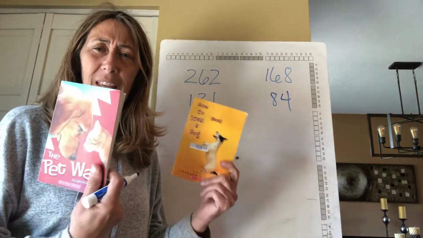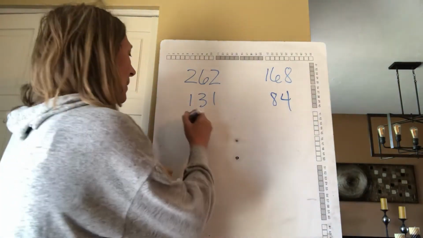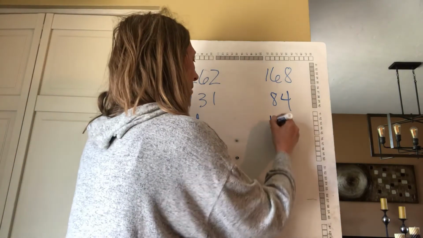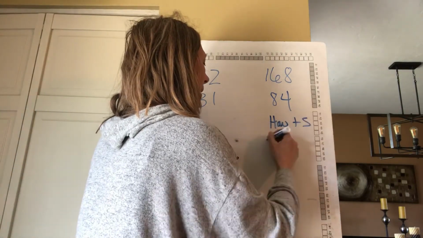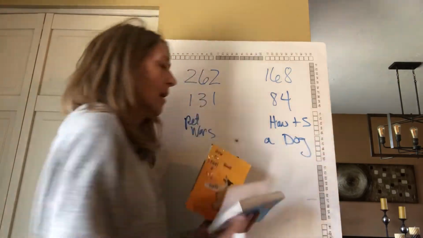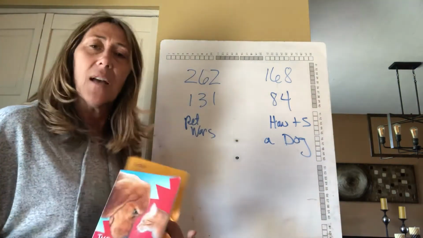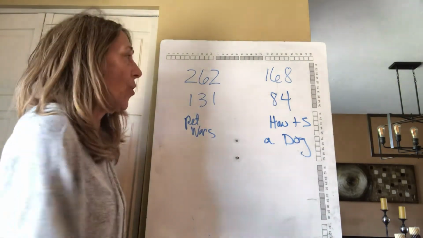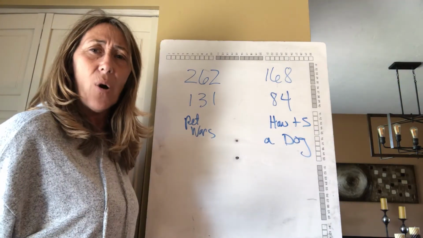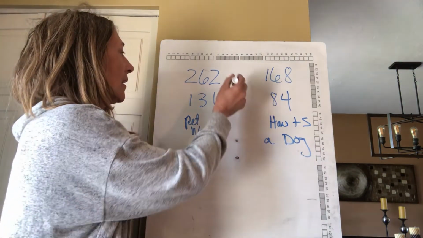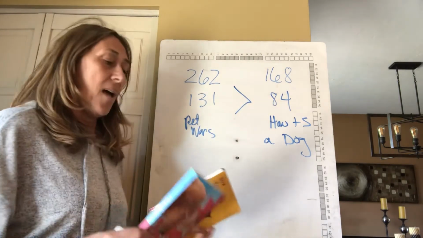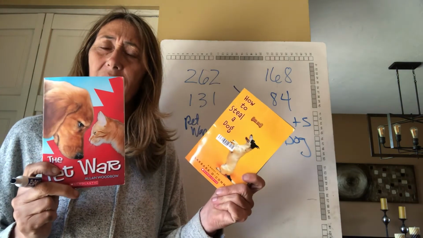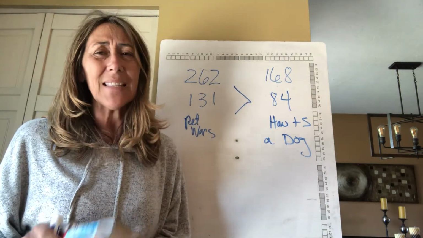So are both of these halves the same? This is Pet Wars, and this is How to Steal a Dog. They're both half of the book, but look at how many are in the whole. There's 262 pages in the whole. There's 168 in the whole. So in this case, half of Pet Wars is bigger than half of How to Steal a Dog. So halves aren't always the same.